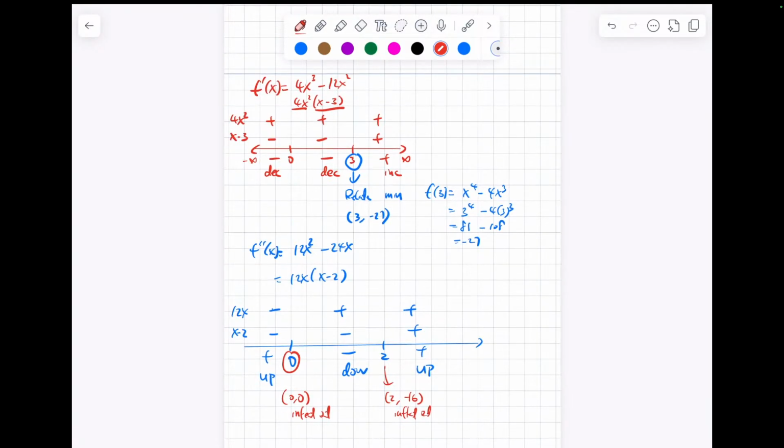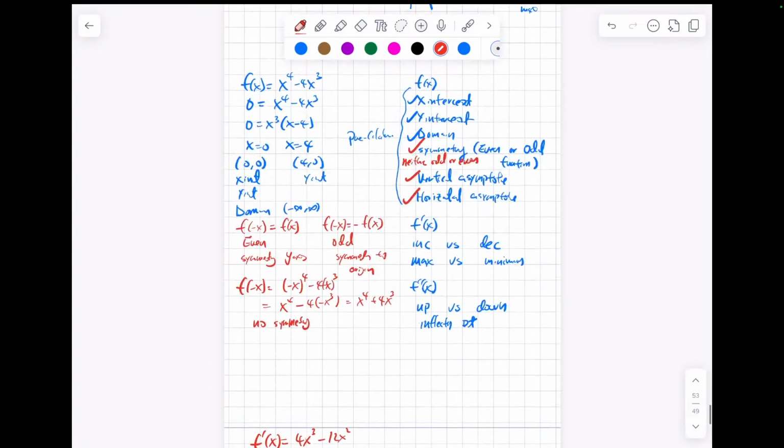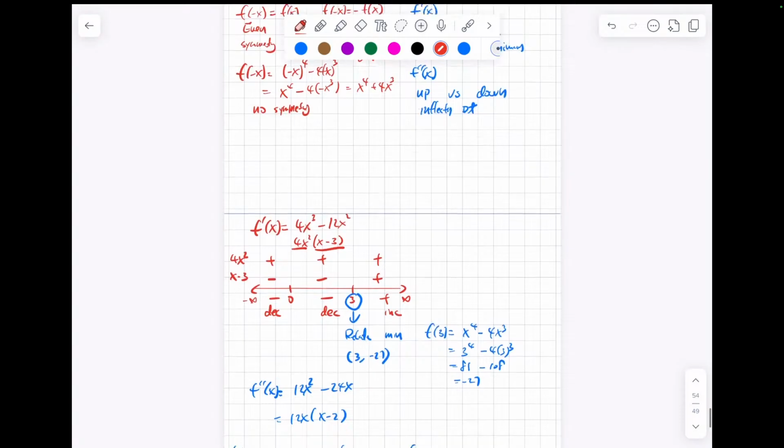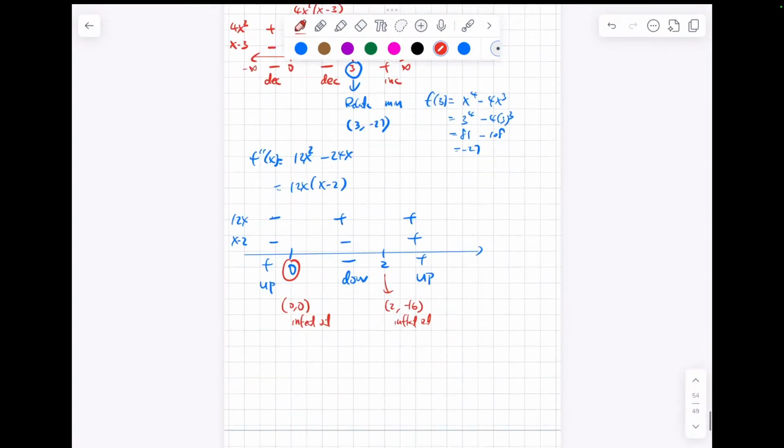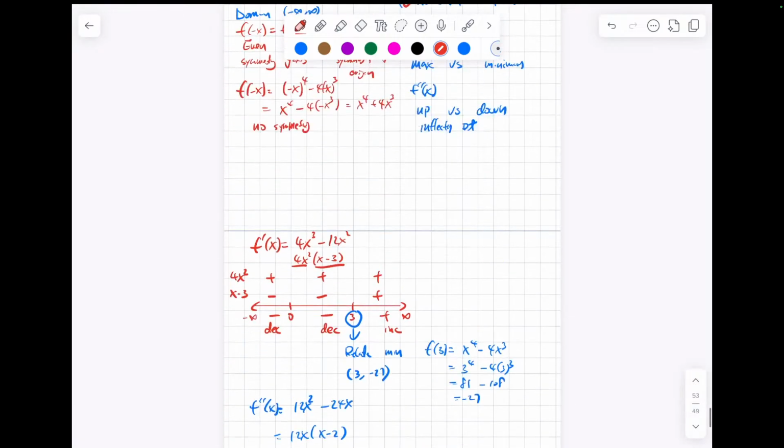Now, how many of you are taking physics right now? Okay, so the original function is going to tell me the position. The derivative is going to tell me what? The velocity function. And what is the third? Acceleration. So basically they are correlated, though not everything is going to be the same.